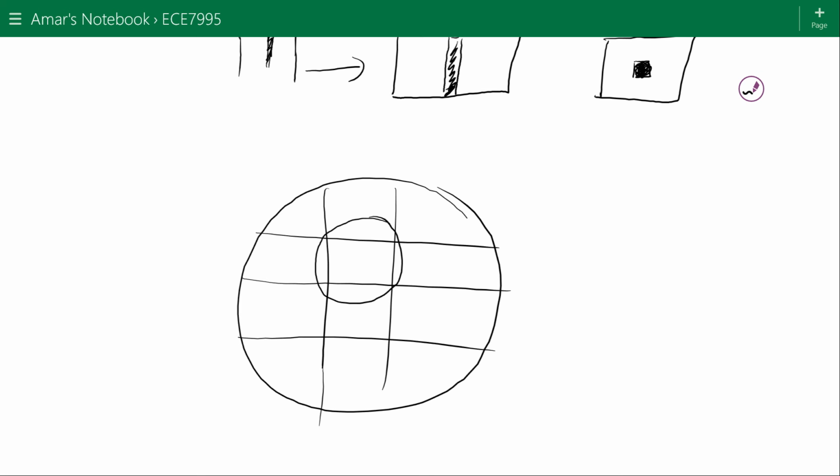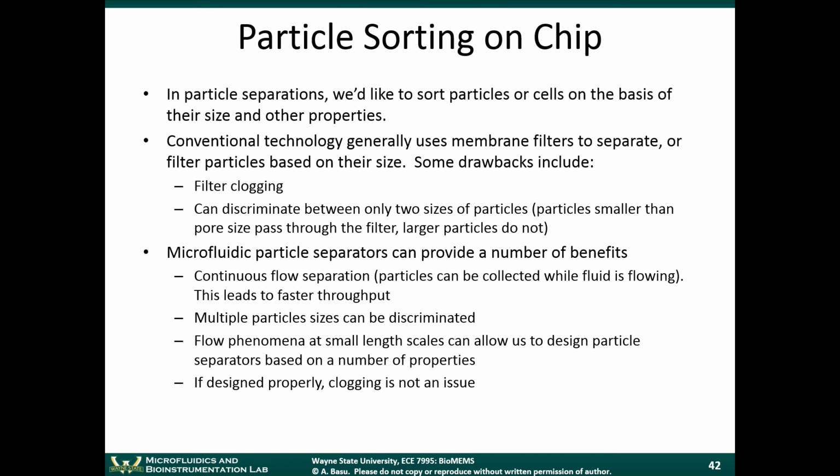And with one mesh, you can only differentiate between two particle sizes: something that's larger than the mesh size, and something that's smaller and goes right through. So it's kind of a binary separation, two sizes of particles.